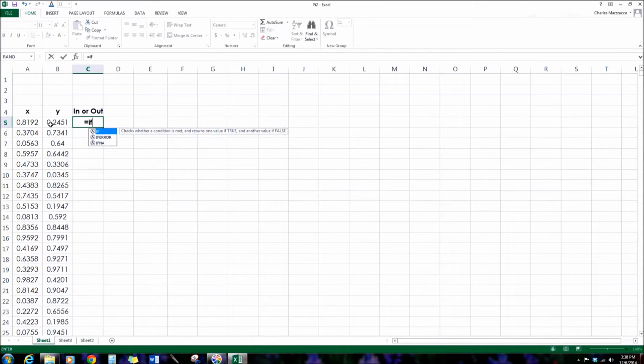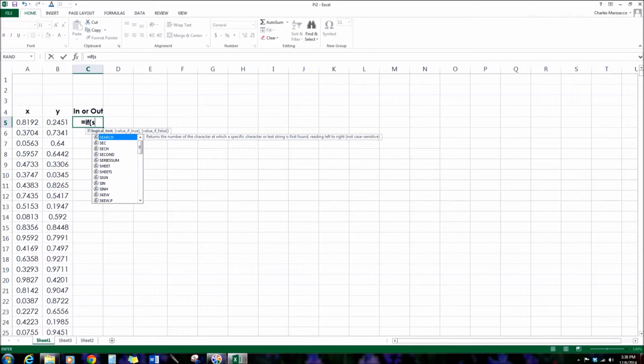Parentheses. If x squared, it's the square root, right? Yeah, the square root of x squared, SQRT, with parentheses again.